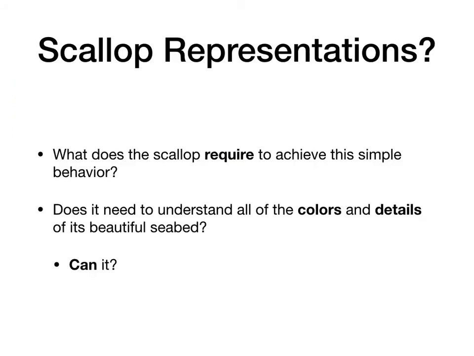What does it require in terms of the fidelity of its representation of the outside world to be able to make sense of its actions, to be able to take the actions that it needs? Does it need to understand all of the colors and the details of its beautiful world? No, not even close. In fact, I would argue it probably can't. It doesn't have that capacity because it doesn't need that complexity.